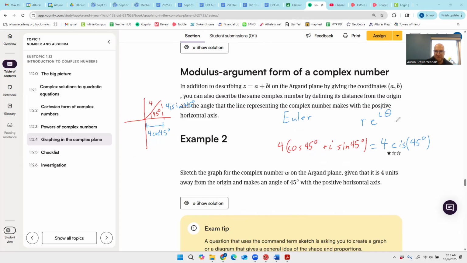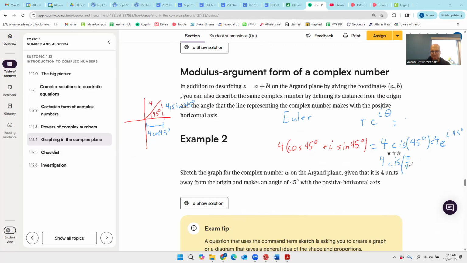This one in Euler form is 4e, the number e, to the i times 45 degrees. Usually Euler form is done with radians, so that would be pi over 4.